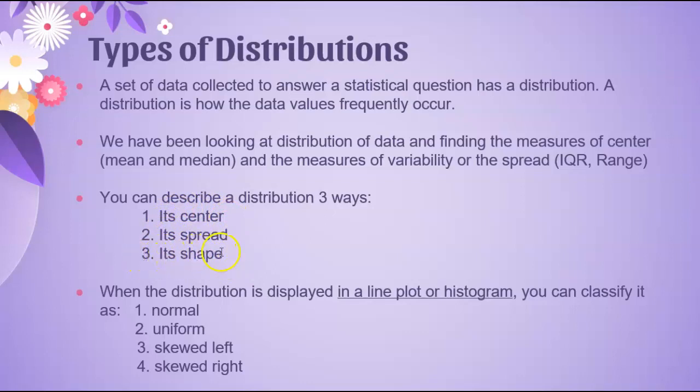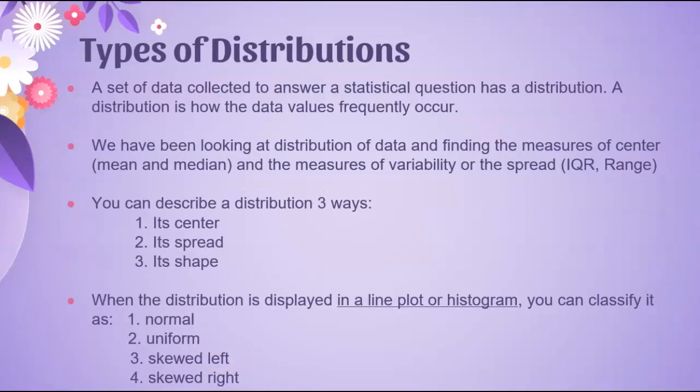When you plot all of your data values on a histogram or a line plot, you can classify them by how they look, the shape. There are four different types of shapes: a normal distribution, uniform distribution, skewed left, and skewed right. And we're going to talk about each one of these.